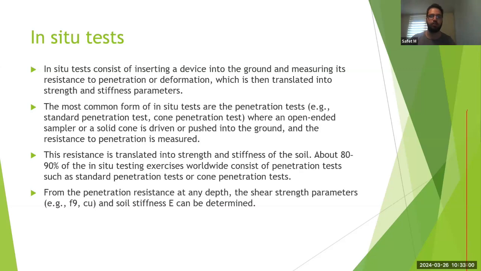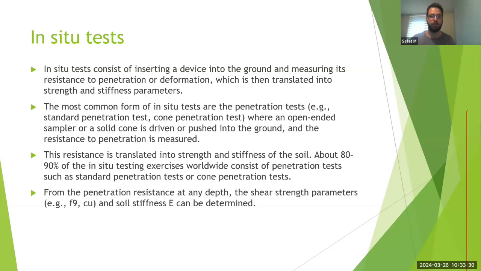This resistance is after that translated to the strength and the stiffness of the soil, and about 80 to 90% of in situ testing worldwide consists of penetration tests, such as the standard penetration test or the cone penetration test. I never saw a site that didn't have a standard penetration test before, so you're most likely going to see that on building sites.